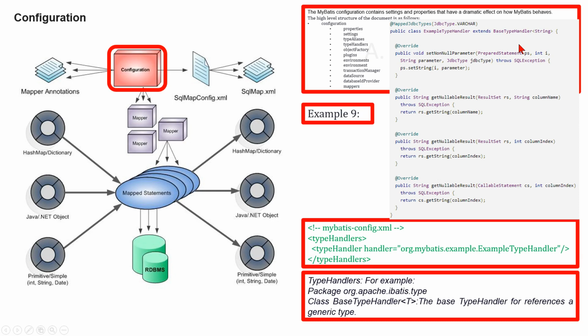For example, there are default type handlers, for example BooleanTypeHandler for java.lang.Boolean or boolean, and JDBC type any compatible boolean. You can override the type handlers or create your own to deal with unsupported or non-standard types.